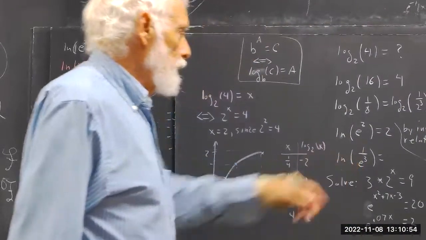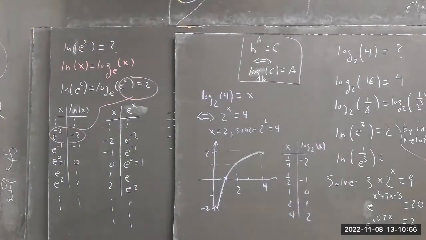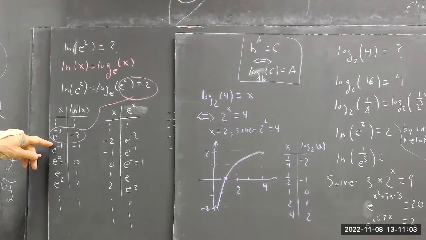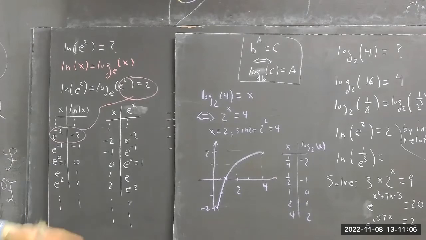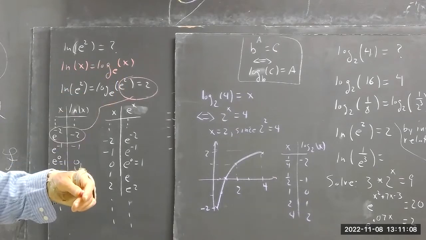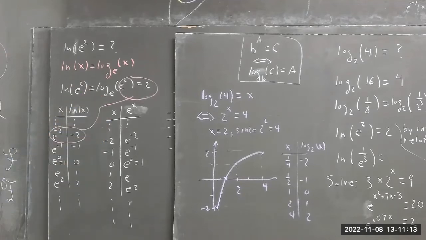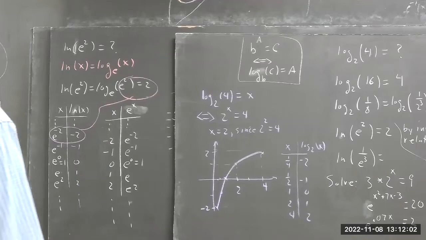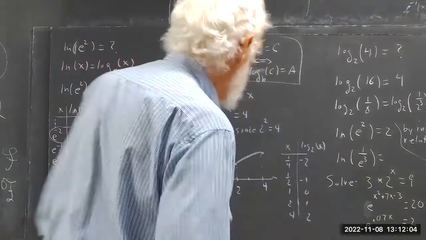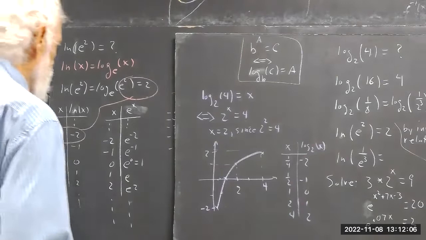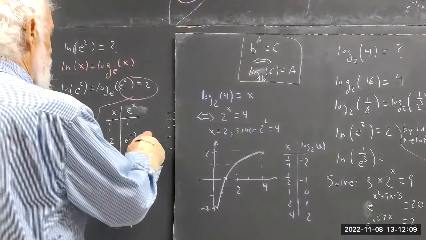What about the natural log of 1 over e cubed? Well, what is e to the negative 2?